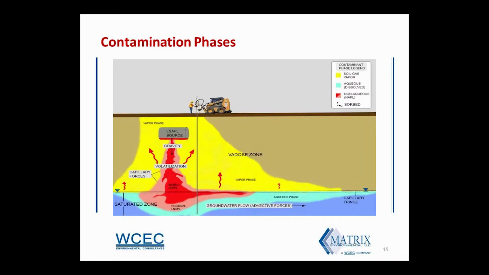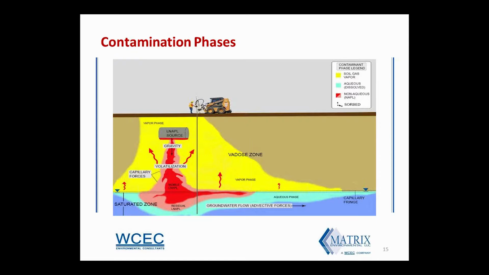So in this illustration, we see the primary fate and transport mechanisms that affect the migration and distribution of petroleum in the subsurface. Upon release, the LNAPL infiltrates the unsaturated zone, predominantly under gravitational forces. A fraction of that product is retained in the soil's pore spaces due to interfacial forces, leaving what we know as residual saturation.